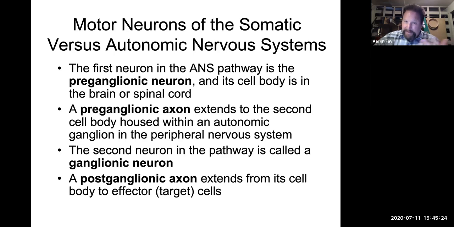That is a ganglion associated with the autonomic nervous system, right? A ganglion is a collection of cell bodies in the peripheral nervous system. The second neuron of the pathway is called a ganglionic neuron, and its axon, the postganglionic axon, extends from the ganglion to its target: smooth muscle, cardiac muscle, or a gland.